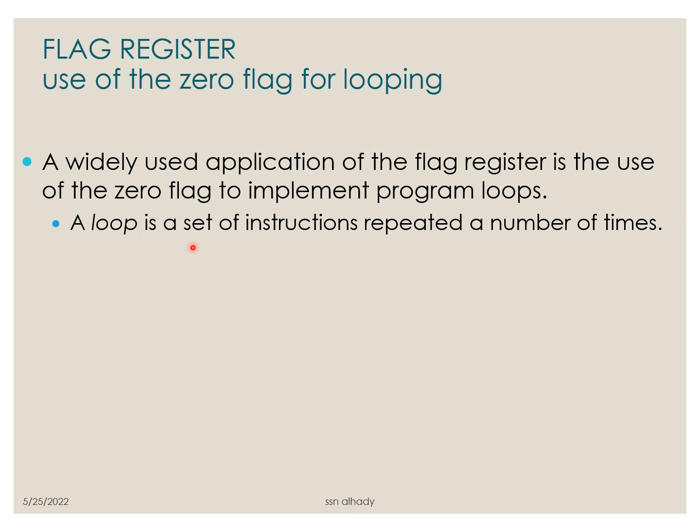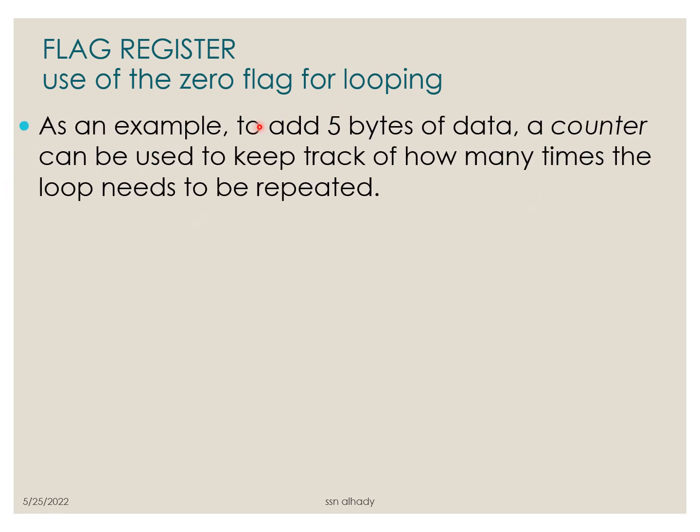A loop is a set of instructions repeated a number of times. For example, if you want to add 5 bytes of data, you set the counter, which can be used to keep track of how many times the loop needs to be repeated.